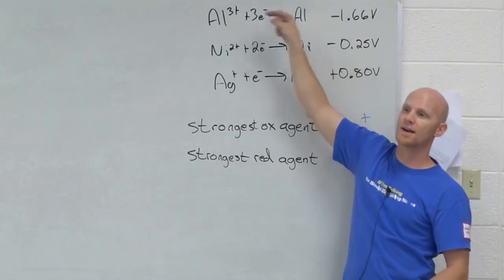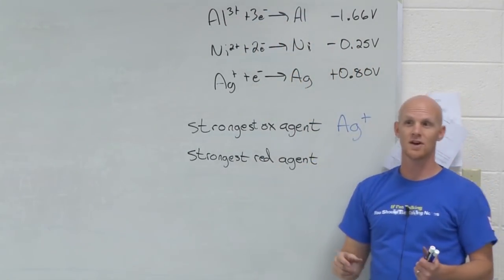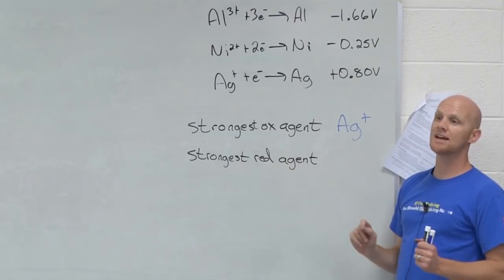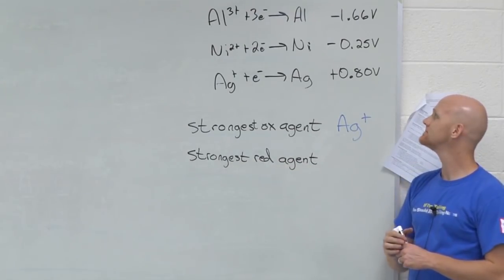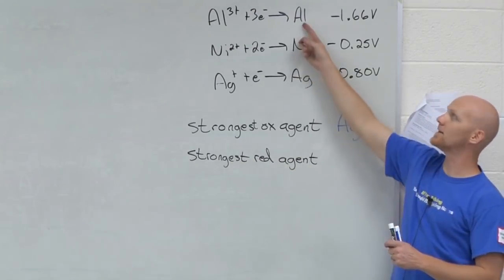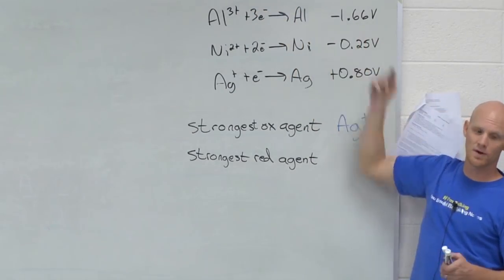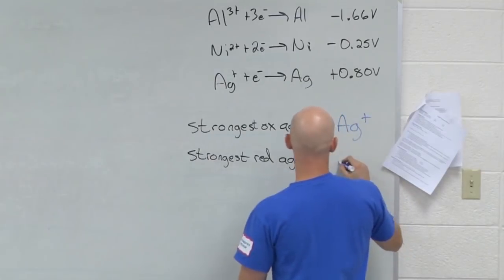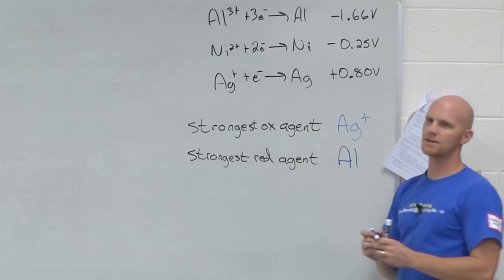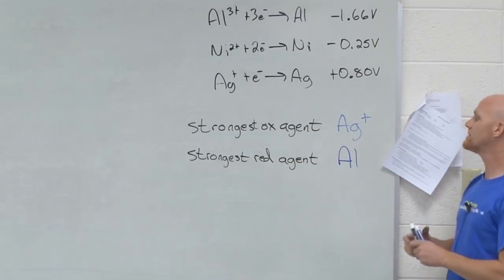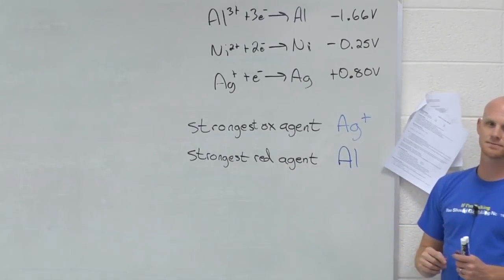These guys are the reactants in the oxidations that run backwards. Which one is the most spontaneous? Al. Because running backwards, that would be a voltage of positive 1.66. And so Al metal, again, not Al3+, would be the strongest reducing agent.